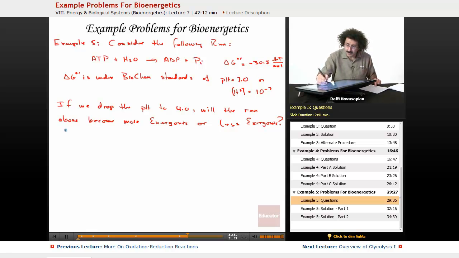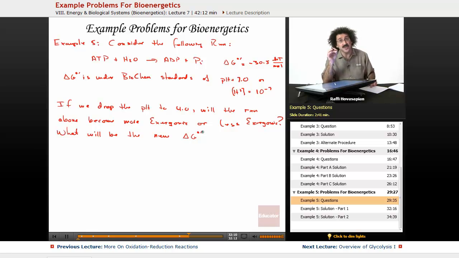That's our question. And of course, there's the qualitative and the quantitative version. What will be the new delta G standard under conditions of pH 4 instead of pH 7? That's the real question.